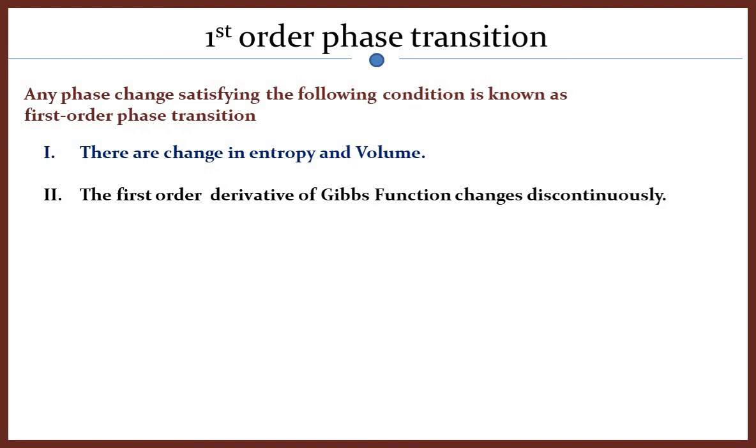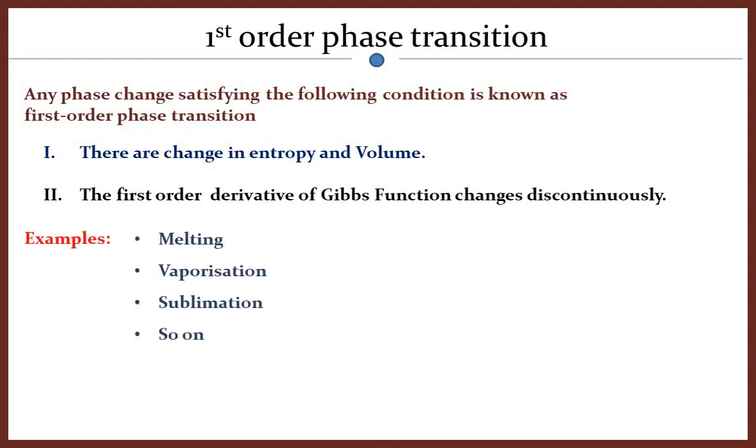Suppose you are plotting the curve with respect to temperature, and at the particular temperature where this phase transition occurs, at that point the first order derivative of the Gibbs function must be discontinuous. If any phase transition satisfies these two criteria, we will say that this phase transition is a first order phase transition.